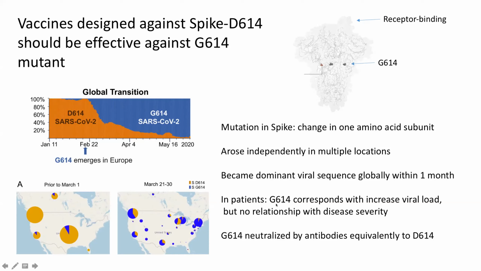And, important for vaccine development, they compared the G614 virus with the original D614 virus and showed that they're neutralized by antibodies equally well. So all the vaccines designed against the original virus should still provide protection against the new strain that has taken over.